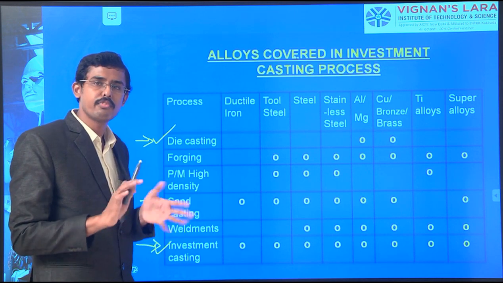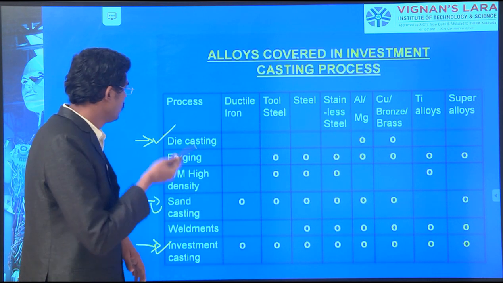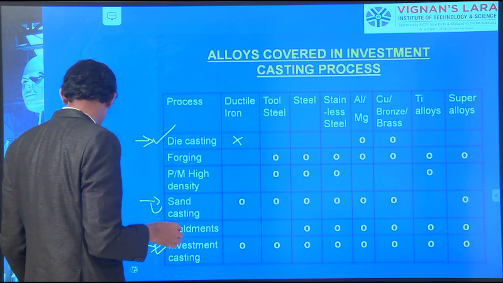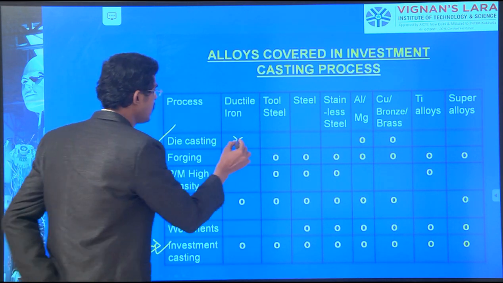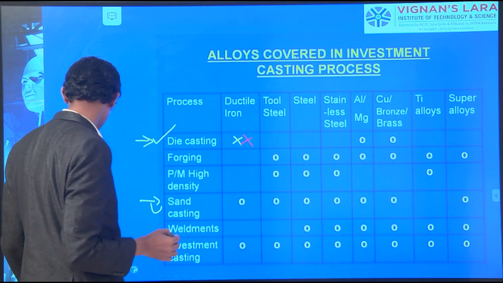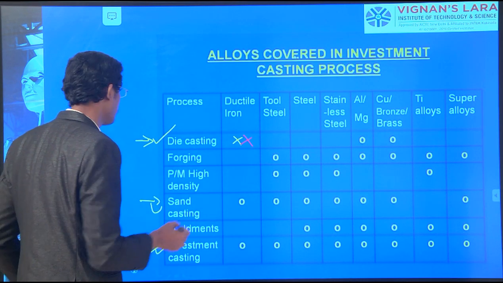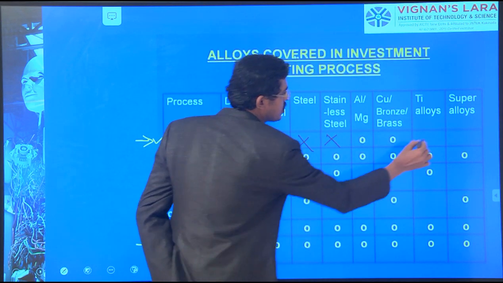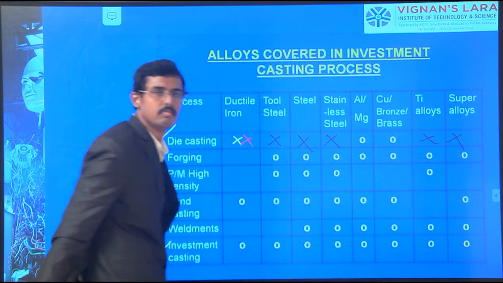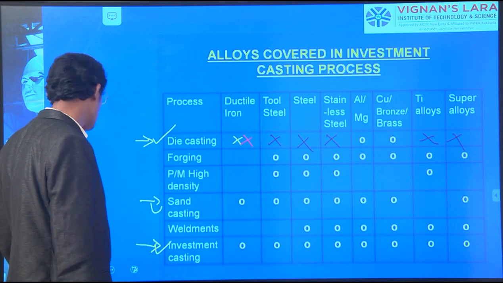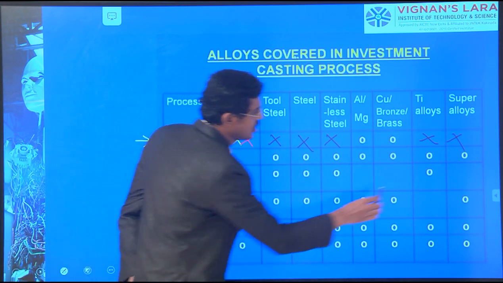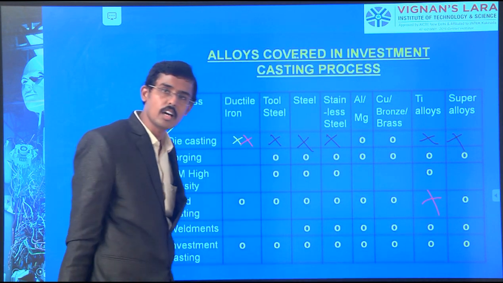There are some difficulties involved in the other processes, so those alloys are not made there and it is not possible. For example, in the sand casting process, titanium alloys are not possible.